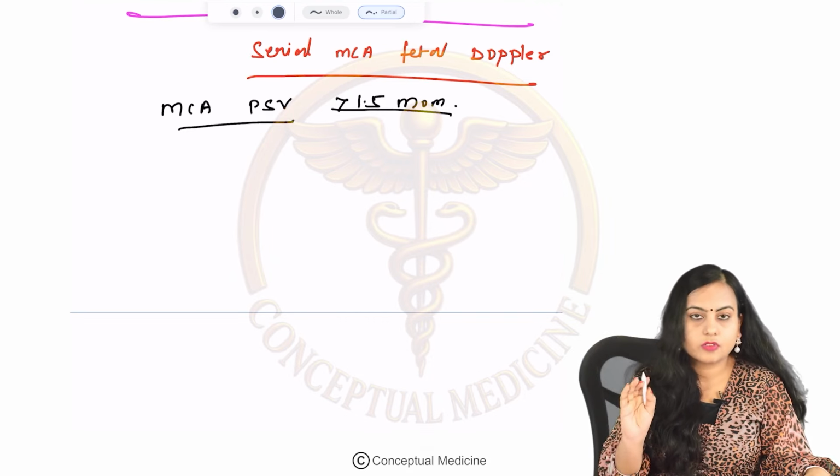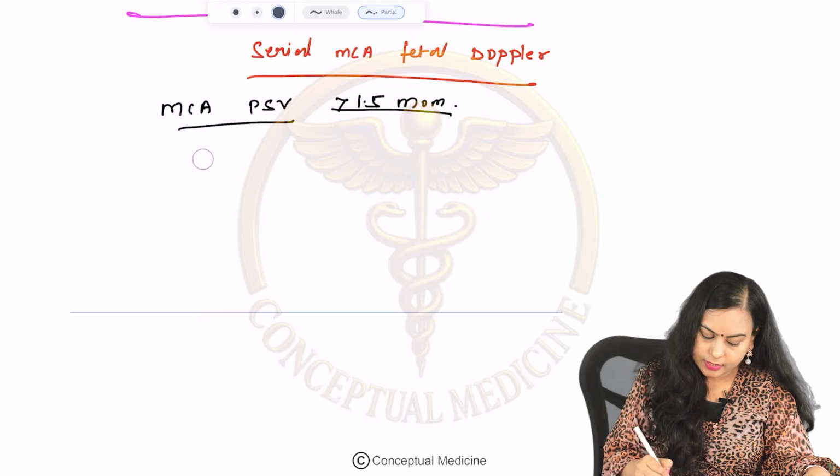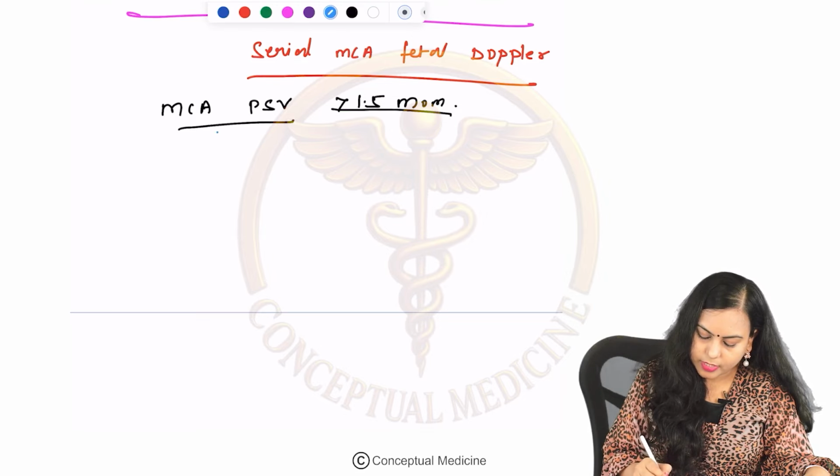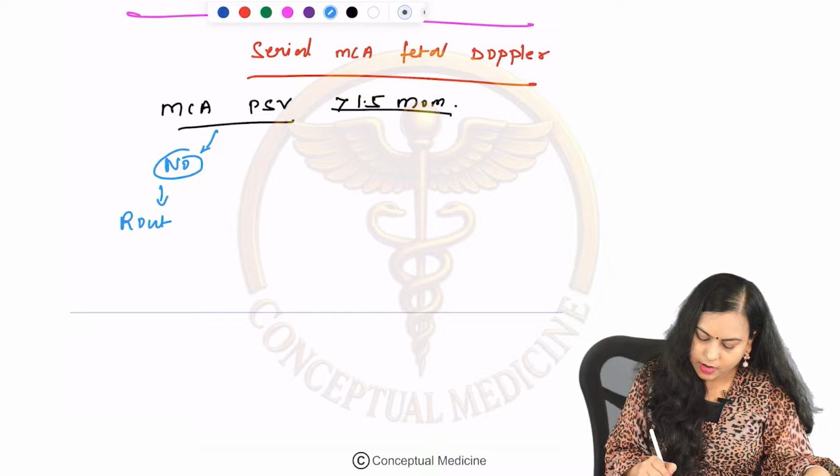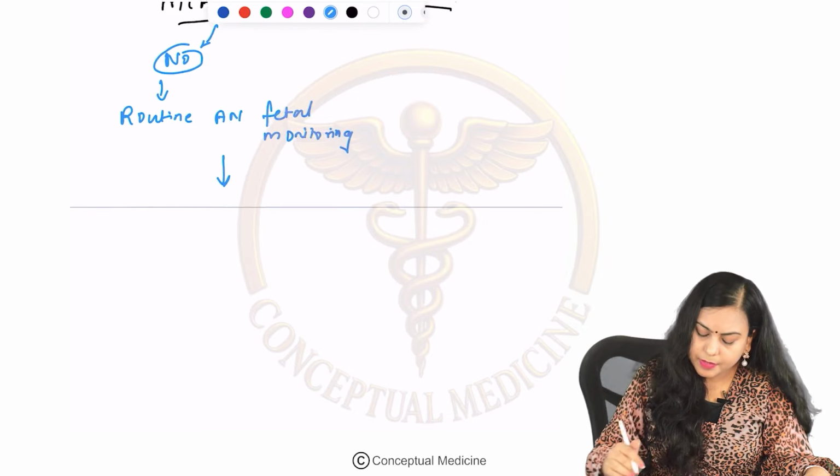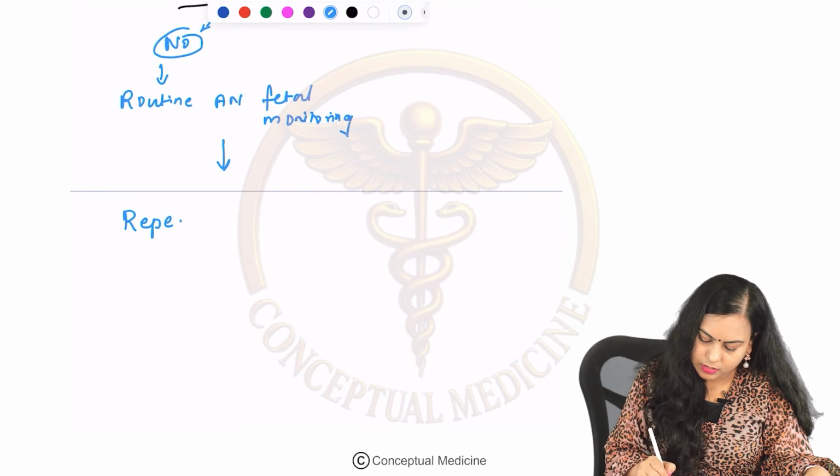Okay. So, if it is not coming to that level, then you will do routine antenatal fetal monitoring and then repeat middle cerebral artery peak systolic velocity Doppler weekly. Okay.